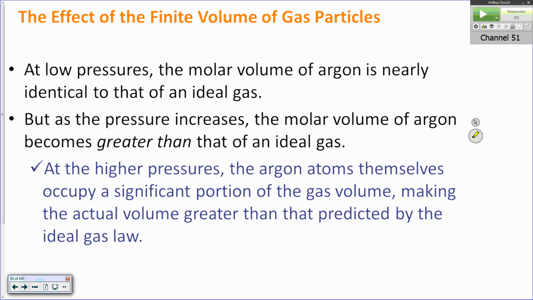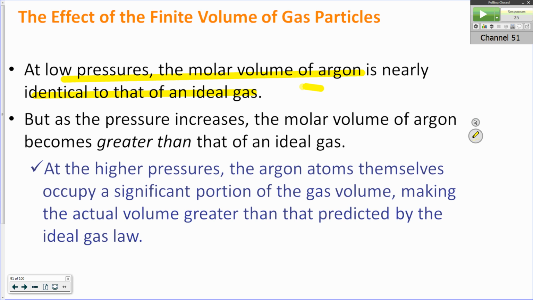Why does it deviate? One of the problems is these gas particles really have some volume. At low pressures, argon's molar volume is identical to what the ideal gas predicts, or very, very close to it.